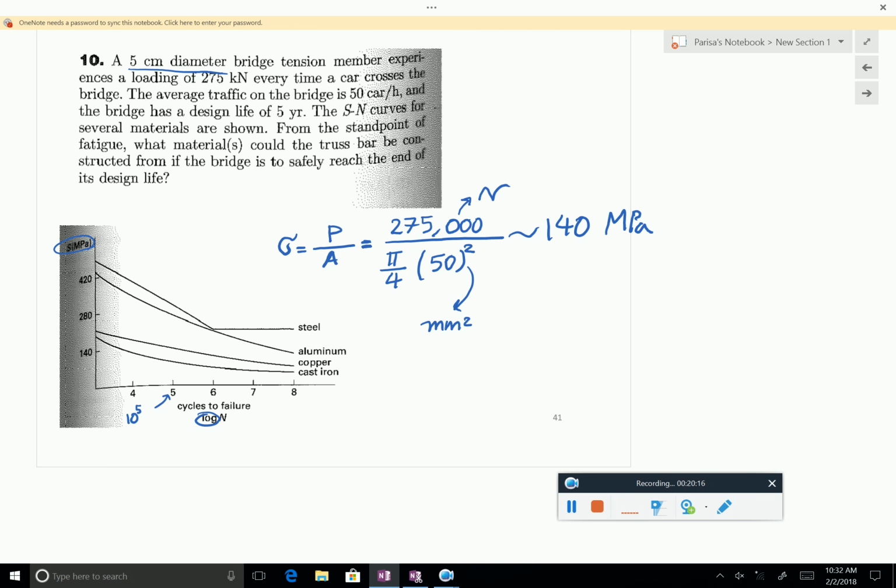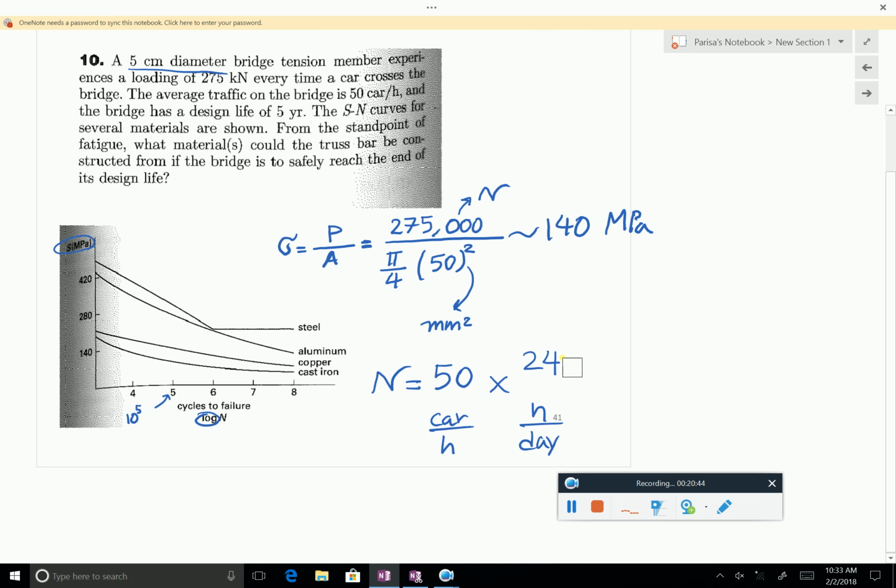So the stress here is not cumulative. It's just the stress for the passage of one car. And then to get n, I saw many correct answers, so I guess you all know how to do it. It is like 50 cars per hour, and then 24 hours per day.